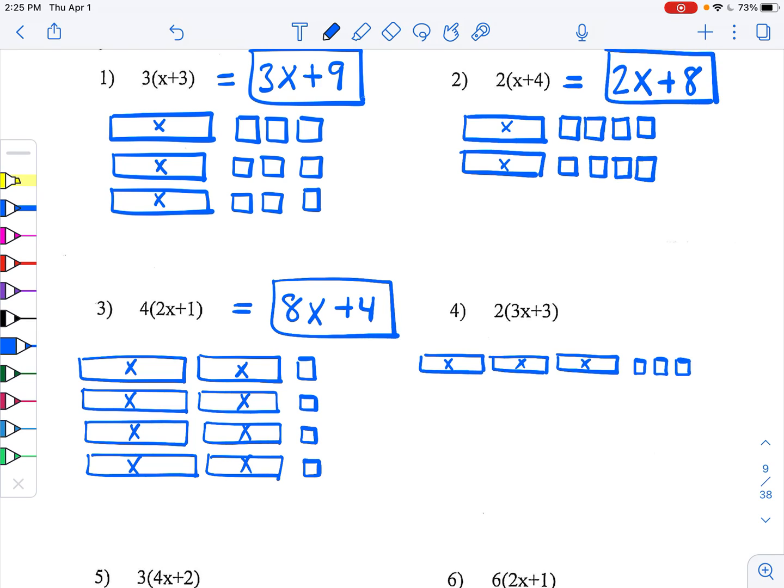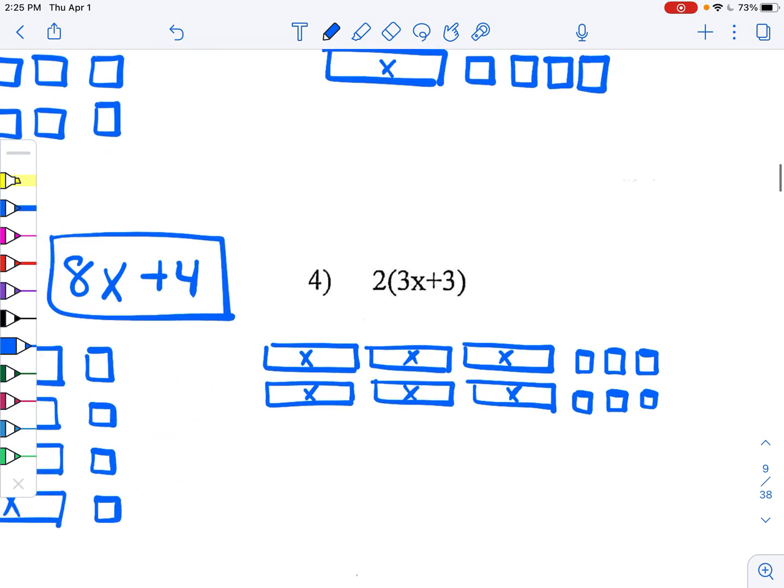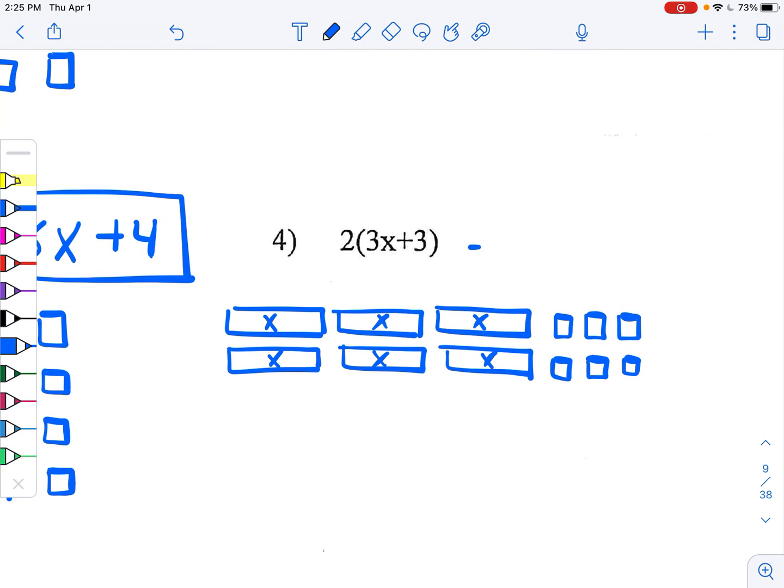It says that's 3x plus 3, but how many groups of it do I have? 2, good job. So I have 2 groups of 3x plus 3. So what does that simplify to? Count up your x's, count up your units, the squares, and you should have 6x plus 6.